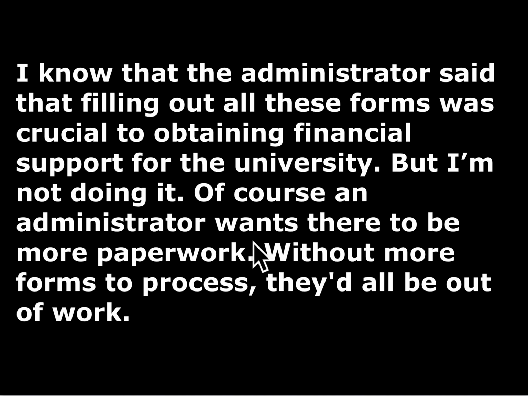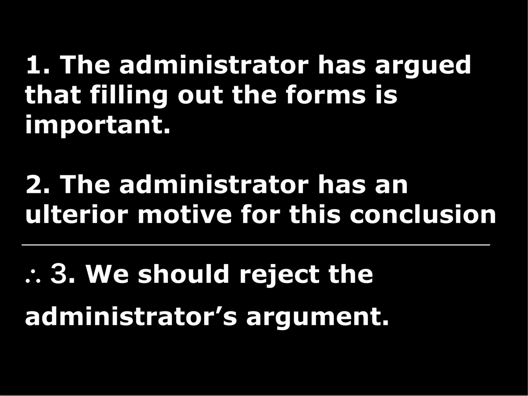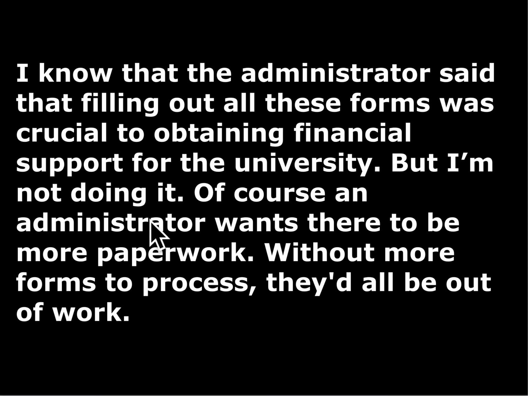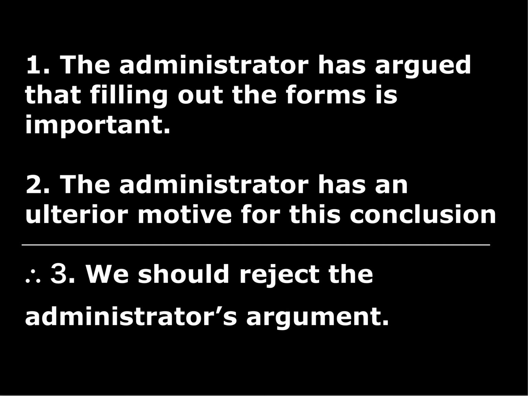That's the second part here. The administrator wants there to be more paperwork. Without forms to process, administrators would be out of a job, right? Therefore, we should reject that person's argument. And you can see there's a little bit of work required to go from this to this. But hopefully you can all see that this does capture the reasoning behind the argument expressed there.